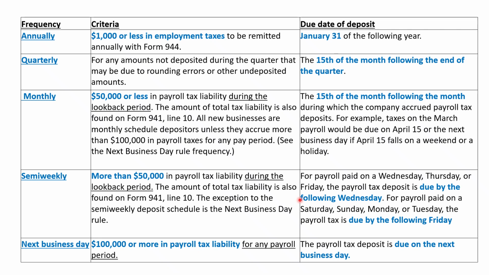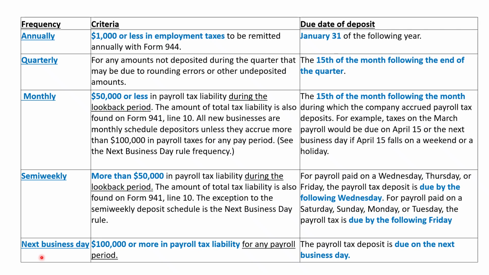For payroll paid on a Saturday, Sunday, Monday, or Tuesday, the payroll tax is due by the following Friday. Now, if the business's payroll tax liability is $100,000 or more for any payroll period, then the deposit for the payroll taxes needs to be made on the next business day.